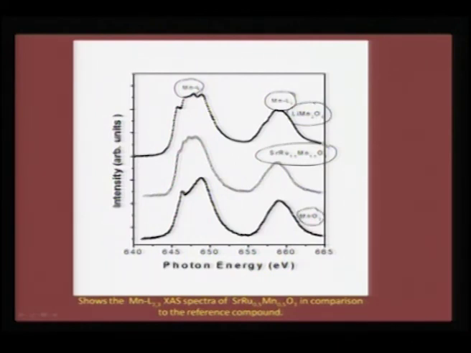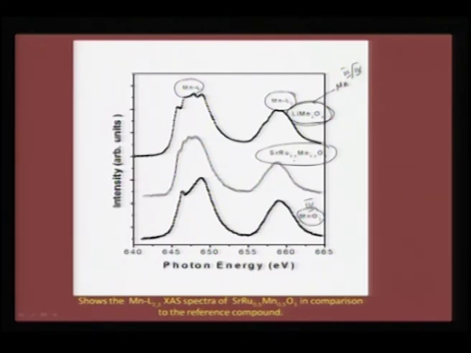You can clearly see that this 50-50 composition is resembling LiMn2O4 more than MnO2, because in MnO2 you actually have Mn only in the 4+ state, whereas LiMn2O4 is a solid state battery material, an electrode, and in this case manganese is present in both 3 and 4 states.